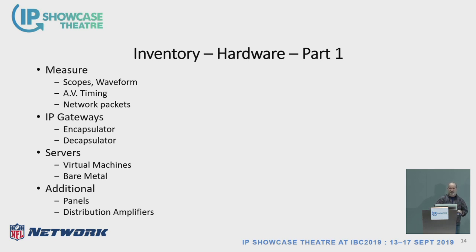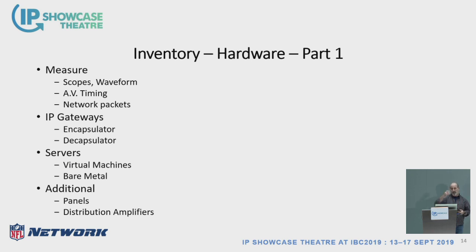Inventory. So this is stuff that we definitely needed to have to do the testing that we did. We needed measurements, scopes, waveforms, obviously, an AV timing system, so we could see the delays introduced to the audio versus the video. Network packets, now we're measuring also the packets. IP gateways for encapsulation and decapsulation, because a lot of the sources we had available were still baseband.